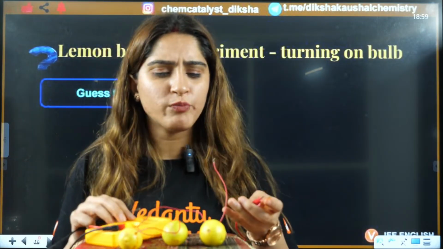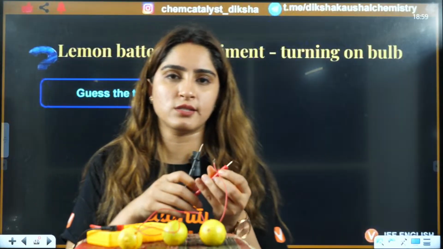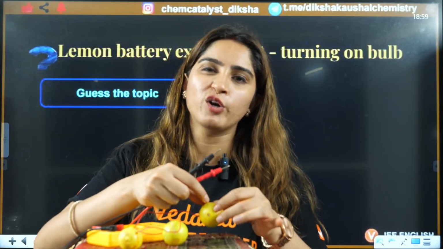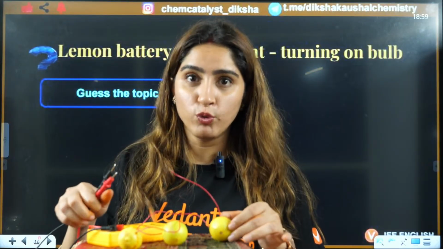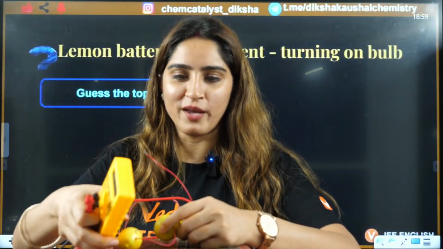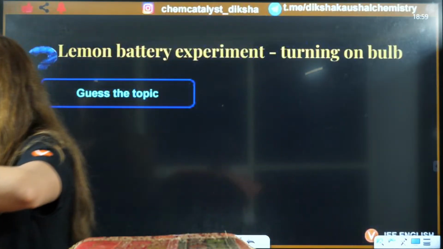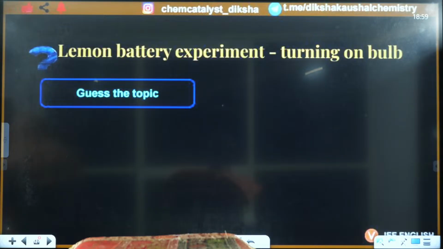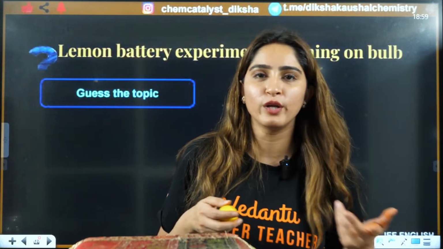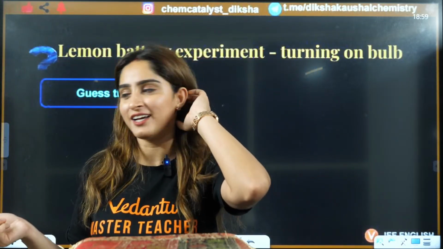Ideally it should be 1.5, but obviously I didn't want to waste a lot of nimbus, because nimbu is very expensive right now. So what I'll do, I'll connect 10 nimbus for you, right? But frankly, I didn't have that many nimbus in my house. I had only 4 nimbus. So that I tried.